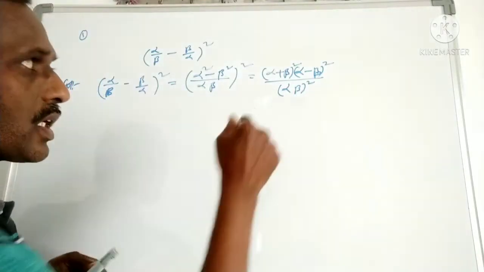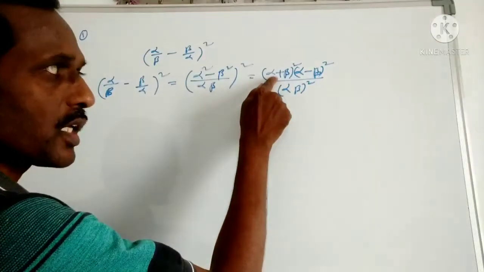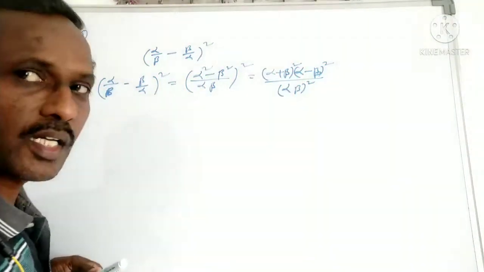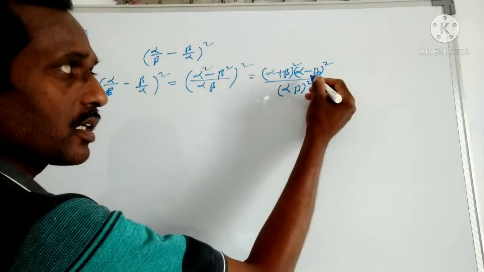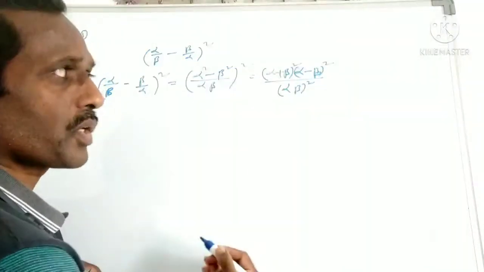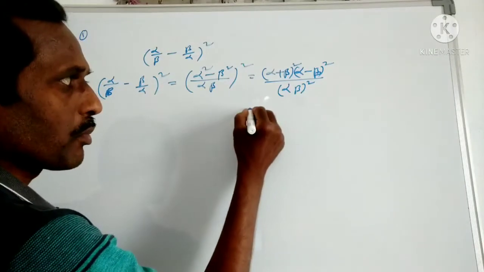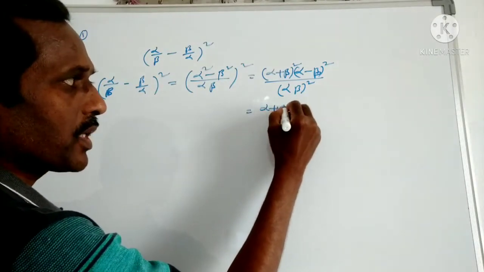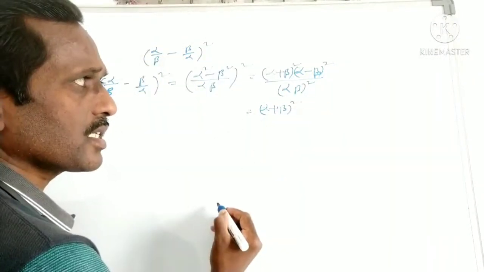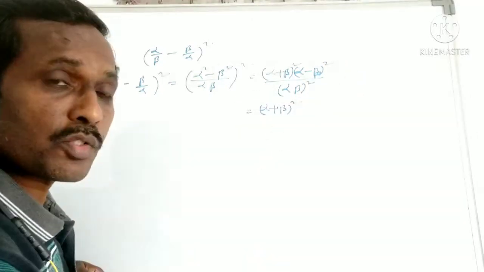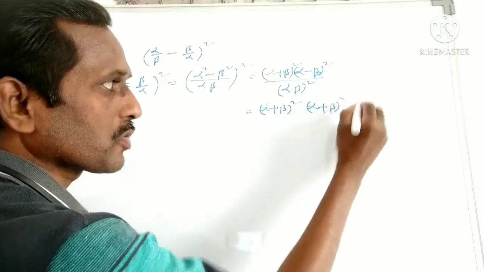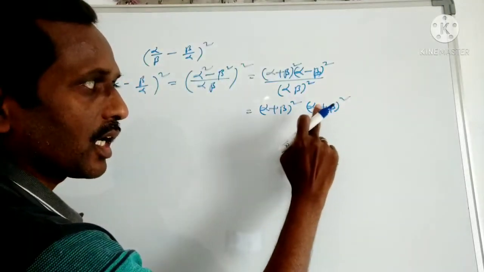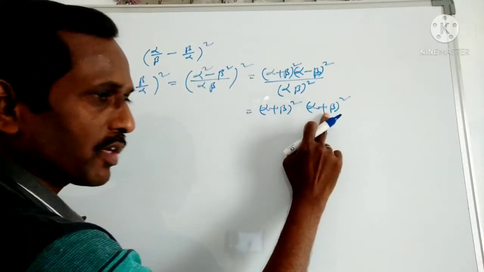Then here, alpha plus beta is okay, but alpha minus beta we do not have the value for. So how can we write this? We have to write this in terms of sum and product. So once again, I am going to write alpha plus beta whole square as it is. Alpha minus beta whole square, what can we write? Alpha plus beta whole square. If I expand this, alpha square plus beta square plus 2 alpha beta.